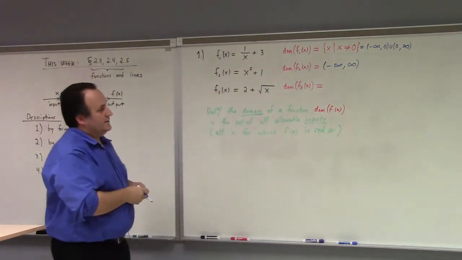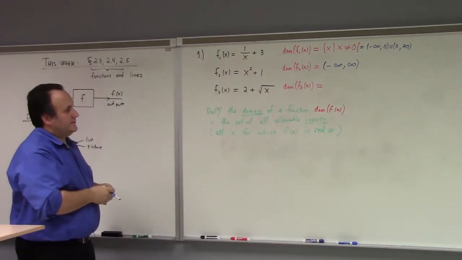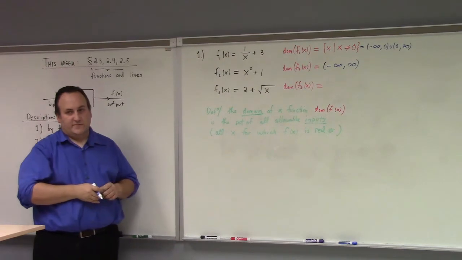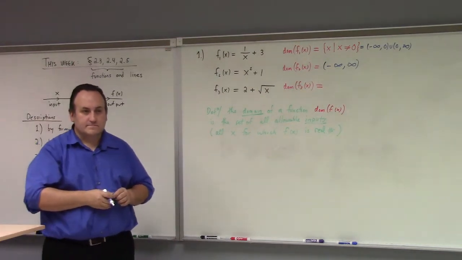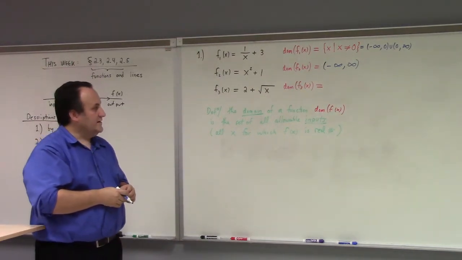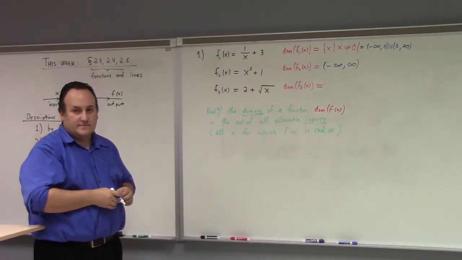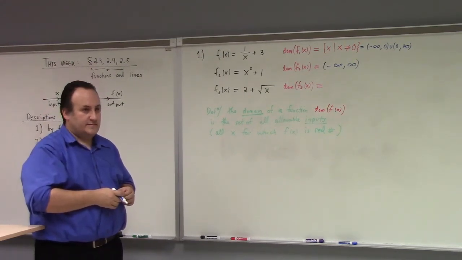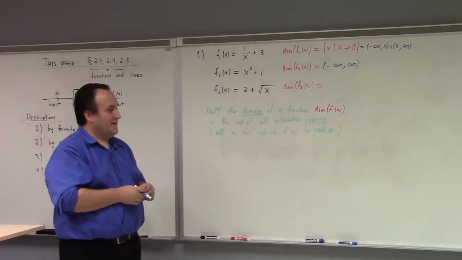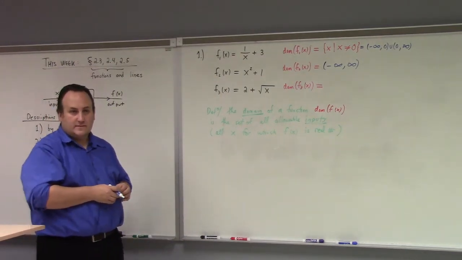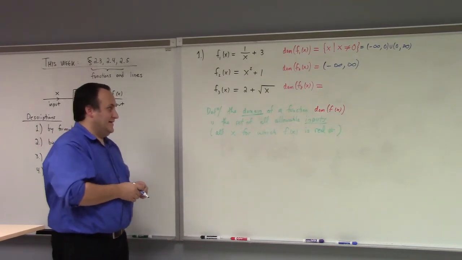Okay. How about f3? What do we need for the formula f3 of x to be a real number? What kind of condition do you need on x? Last class told me I needed to make x positive. Do you guys agree? And I said, well, I almost agree with that.